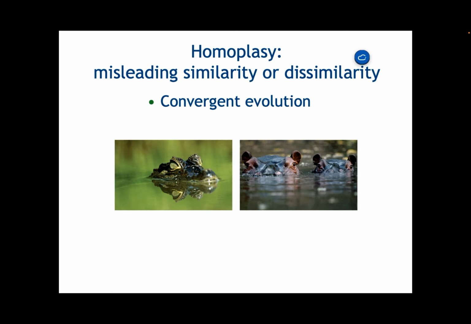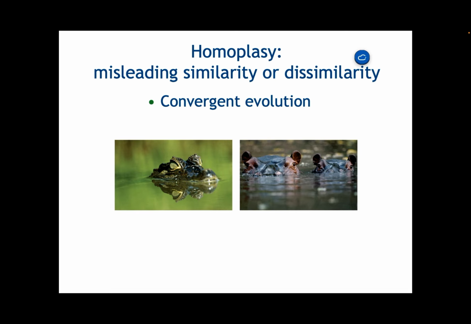This is almost certainly not because the most recent common ancestor of these guys had that same eye placement. Instead, this high-on-the-head eye placement seems to be the product of convergent evolution. Both of them are sit-and-wait predators that spend most of their time submerged underwater, and so a good place to have your eyes is near the very top of your head.